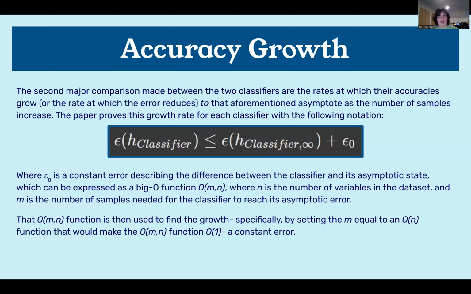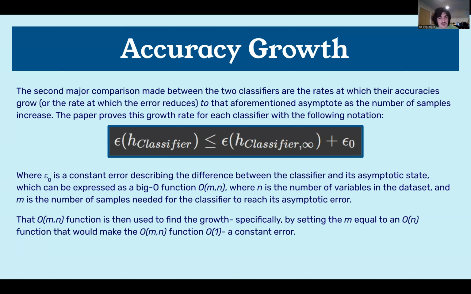That constant can also be described as a big O function, O of m and n, where n is the number of variables in the data set, and m is the number of samples needed for the classifier to reach the asymptotic error. Big O notation is a sort of function used in data science to describe algorithms and models at a certain rate, usually just O of n, that grows with the model. Sometimes it could be O of log n, sometimes n squared.